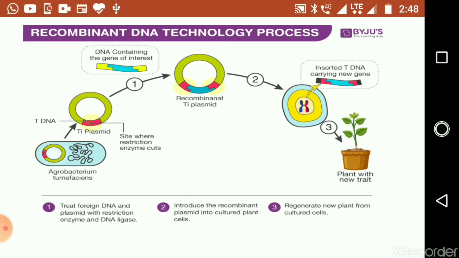For production of transgenic plants, Agrobacterium plasmids, that is Ti and Ri, which are respectively found in Agrobacterium tumefaciens and Agrobacterium rhizogenes, are used. Both these plasmids have a T region which becomes integrated into the host genome.